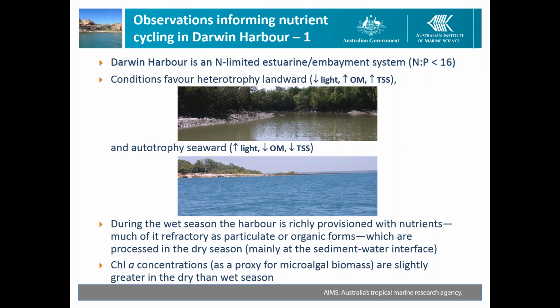Here there's low light, high organics and high suspended solids. Downstream, in the outer harbour, is autotrophic, brought about by high light, low organics and low suspended solids. Seasonally, there is nutrient loading in the wet season and its processing in the dry.